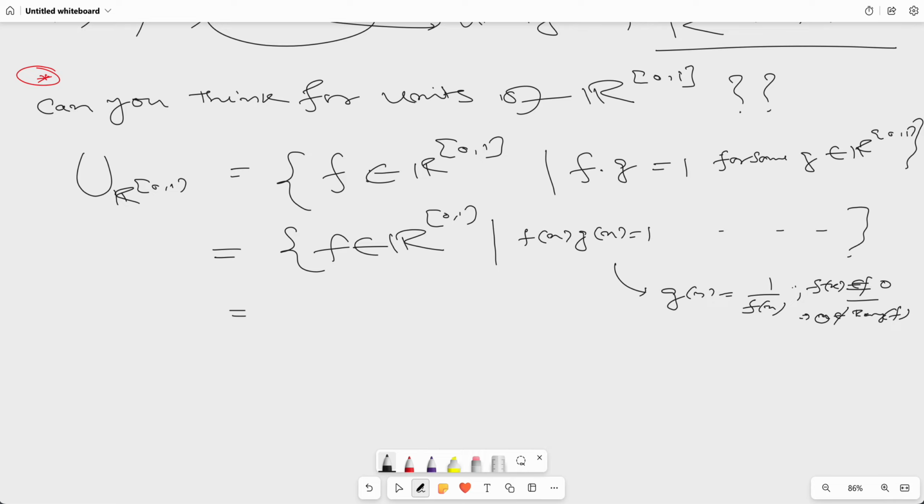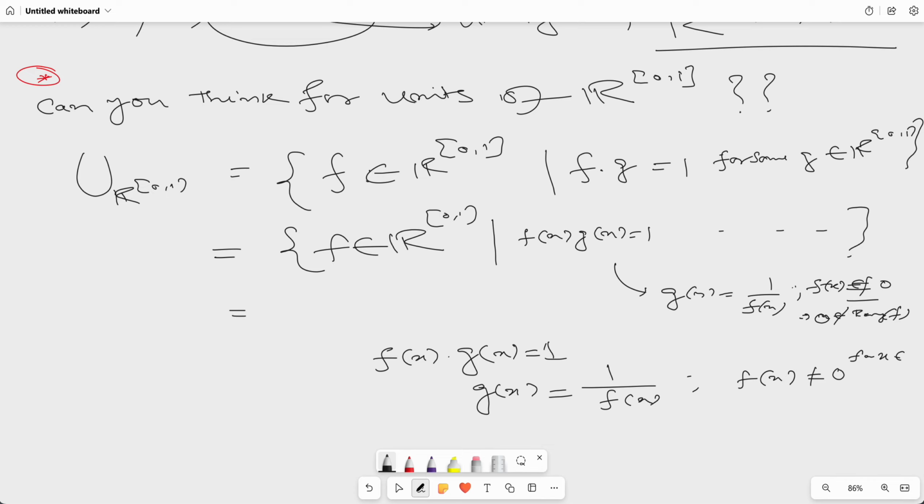Are you getting my point? Let me clear it one more time. You have to choose f(x) dot g(x) to be 1. For the unit you have to choose g, so in terms of g(x), you will get 1 by f(x), but 1 by f(x) is defined only if f(x) is non-zero for x inside 0, 1, right?